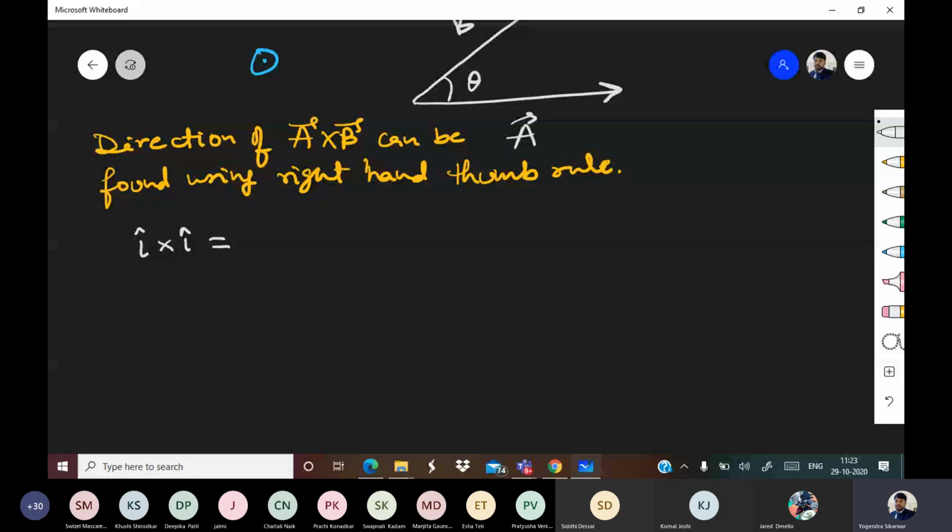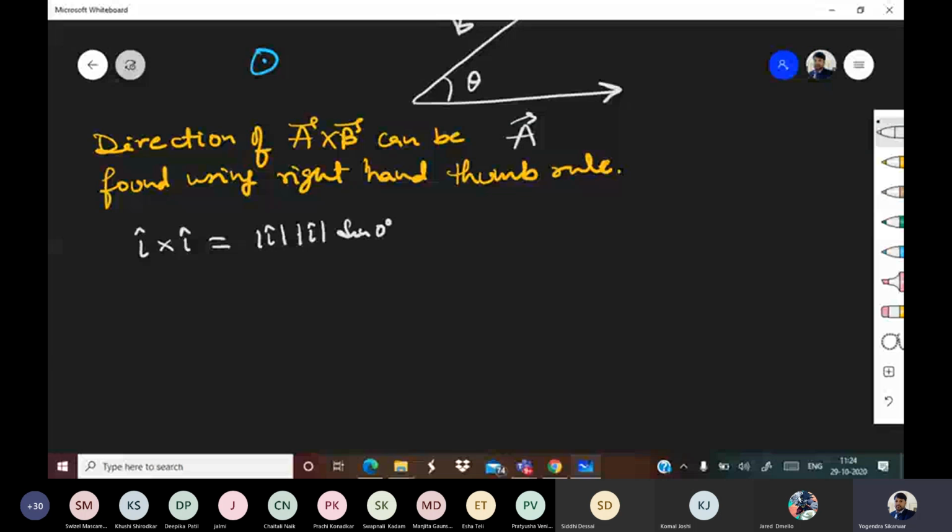Let us see what will be the answer. i cross i will be magnitude of i into magnitude of i into sine 0, because i and i both are parallel.